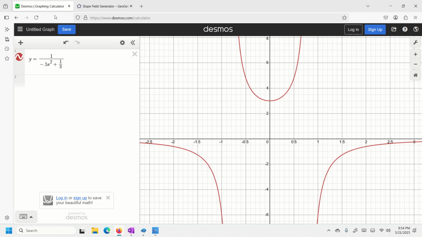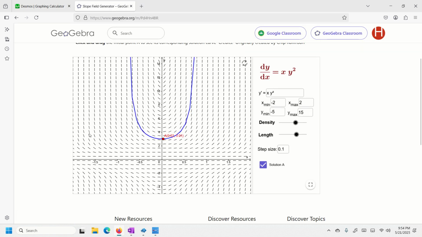Note that when we graph out our solution on Desmos, Desmos gives us some extra points that are not being represented in our slope field generator.